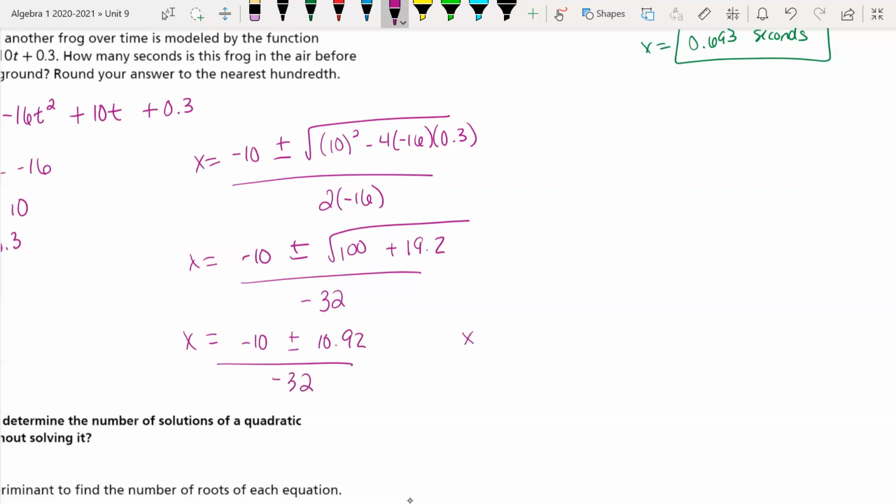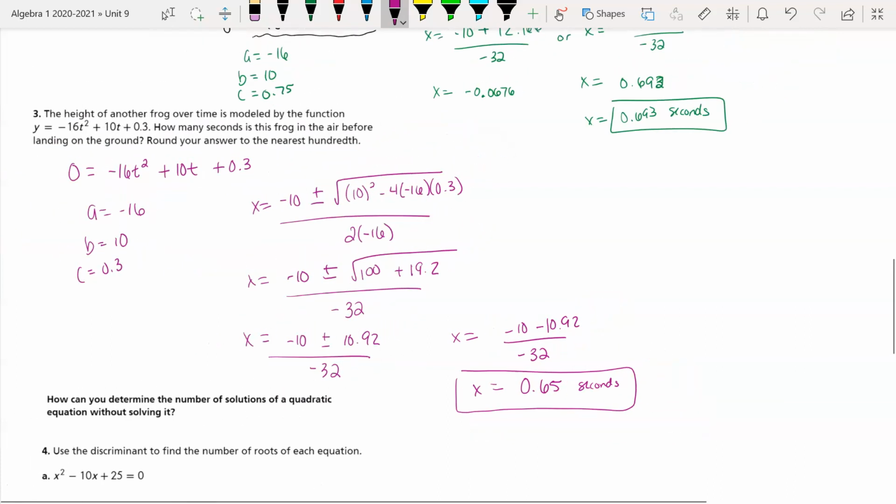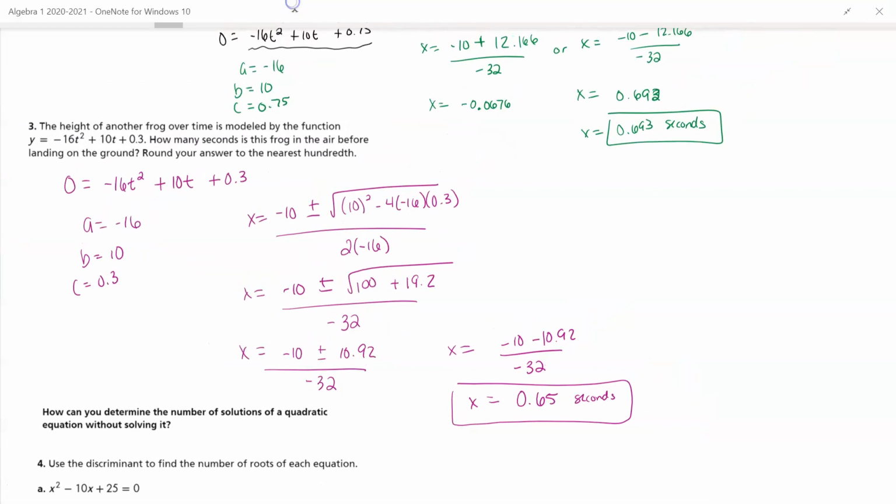Again, we're probably going to use the negative one because we're dividing by a negative. Just make sure the answer gives you positive. So this frog takes 0.65 seconds, whereas the other frog took 0.693 seconds. Okay?